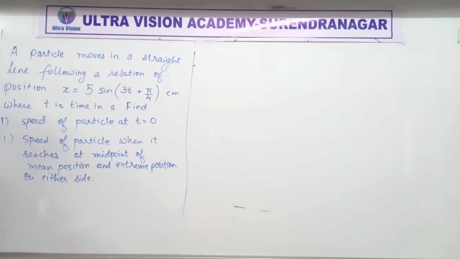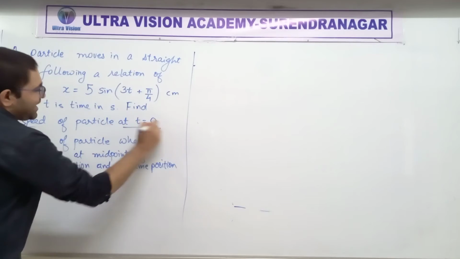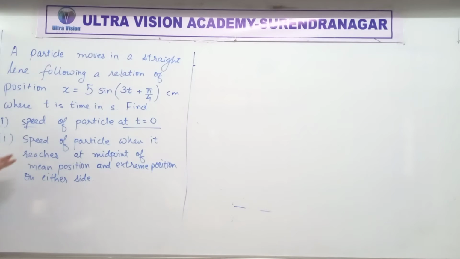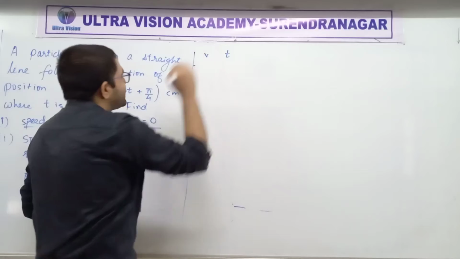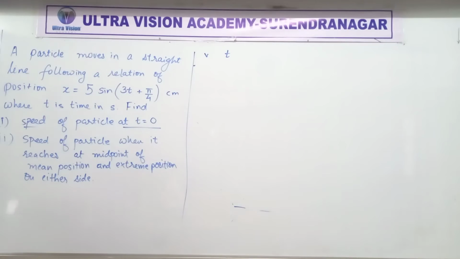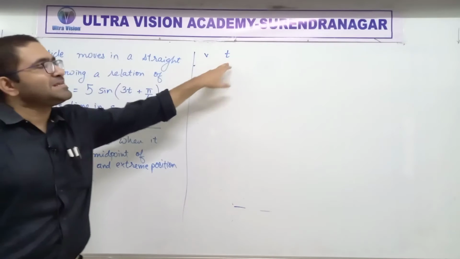So the first one is you have to find speed of particle at time t equal to 0. So obviously to find speed of particle at time t equal to 0, we need a relation of v with t. What's that relation? Can you tell me? Come on everyone. Hurry up. What's the relation of v with t?